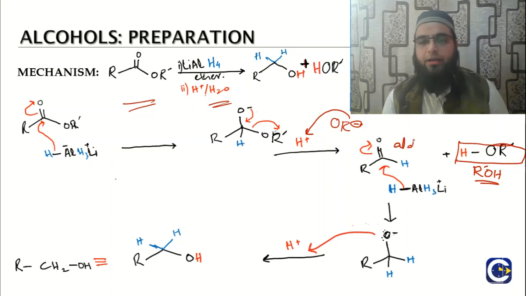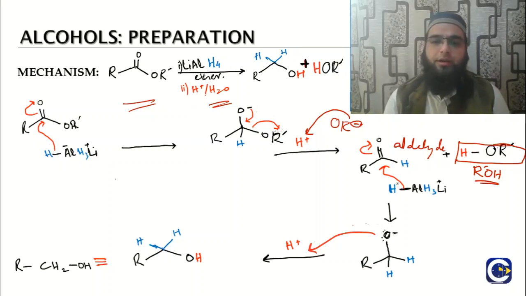This is an aldehyde. Now there is again a nucleophilic attack of hydride. Another hydride ion is going to attack the carbonyl carbon, and again there is a shift of the pi bond towards oxygen. Again we get the negative charge on the oxygen, and now we have two hydrogens on this carbon, which have come from two successive attacks of the hydrides.